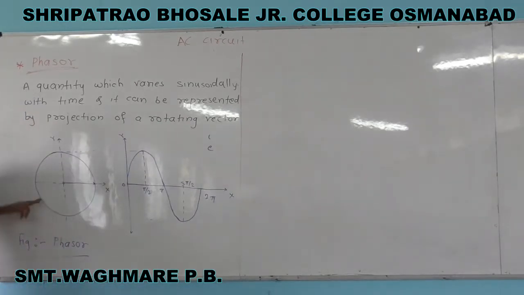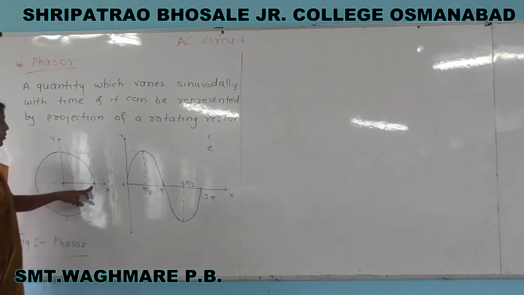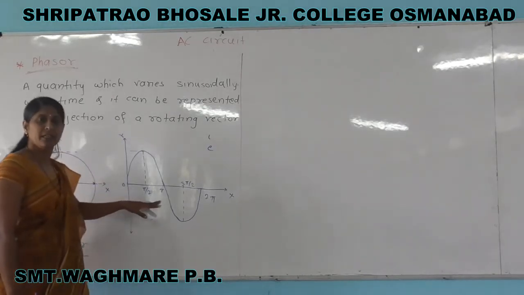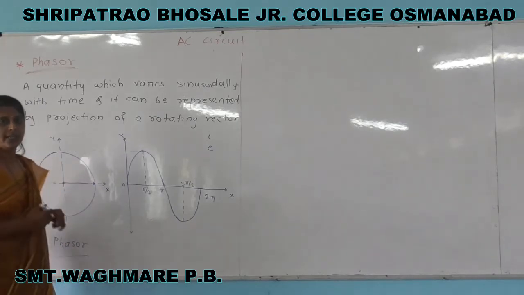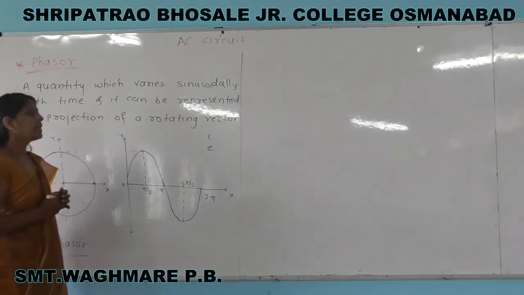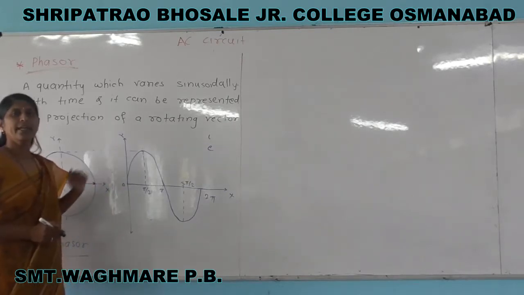Here a circle is taken and this is the radius vector, r vector. Suppose this is the graph which represents the EMF or current in an AC circuit.